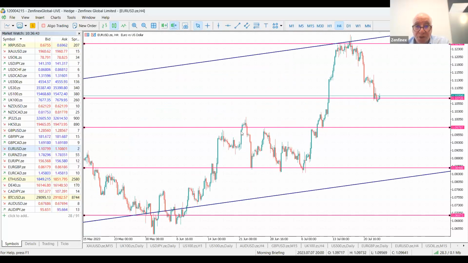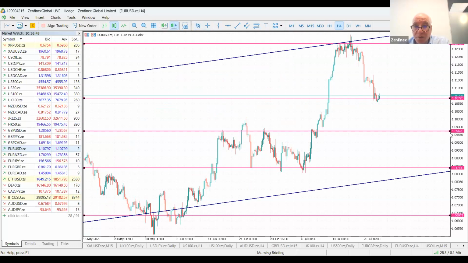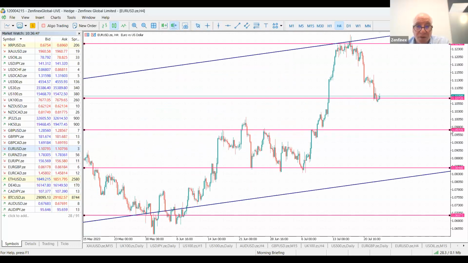Really it's a choice between this one and this one. I think I prefer this one here because look, it interacted, broke through, didn't quite retest before it started moving its journey up, hit some consolidation levels there, came back down and hit this level of support. So we're actually at a level where markets kind of decide where they want to go.